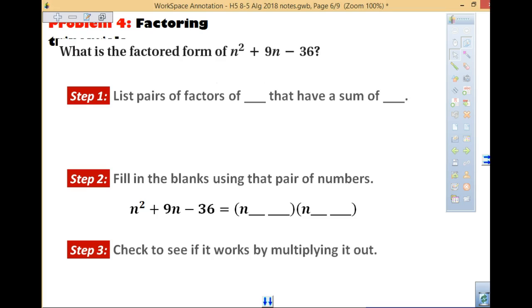It says, list the pairs of factors of what number? Negative 36. You got to watch that sign with it. So negative 36, that sums to 9. This one adds to 9.